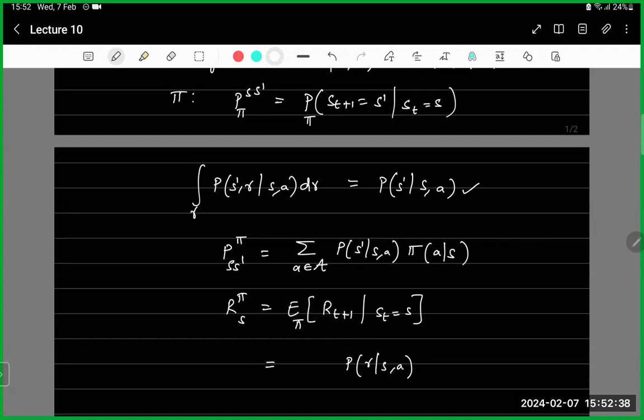I just marginalize over all future states. Then if I'm in some state S and take action A, this is the reward that I'll get. But this is not what I want. I am taking my action according to policy pi. So then what is the expected reward that I'll get?